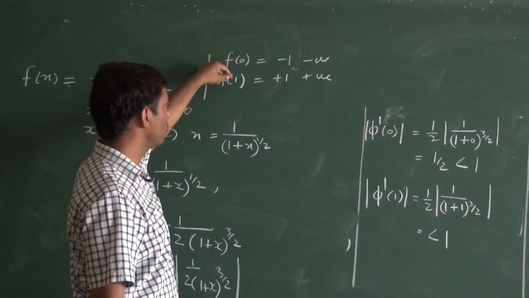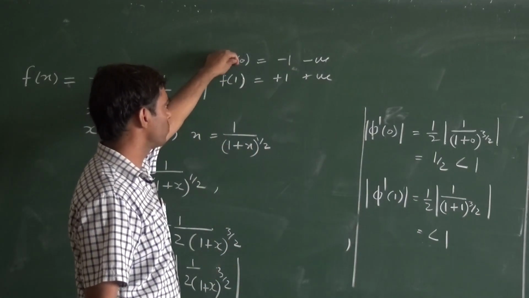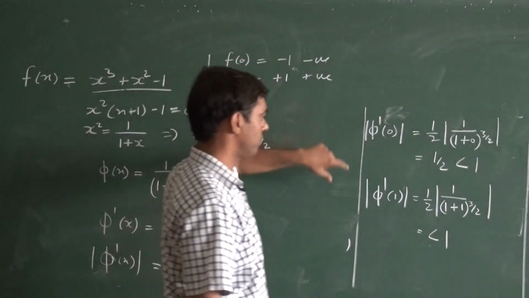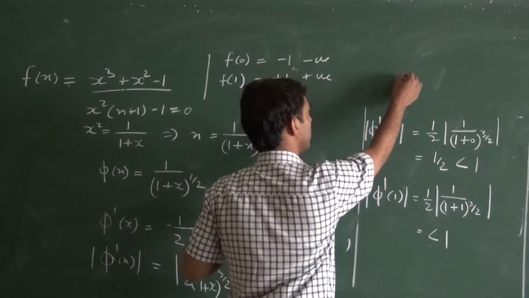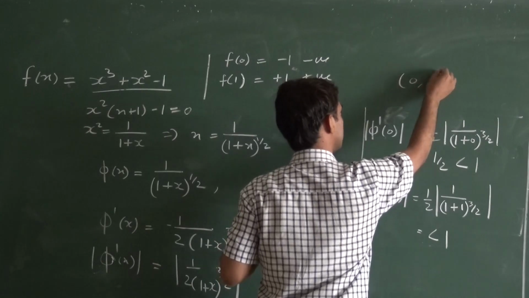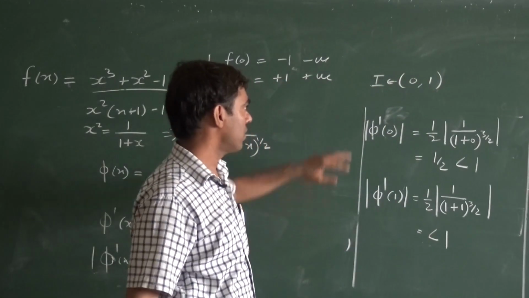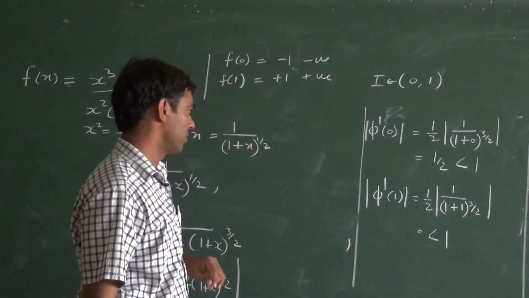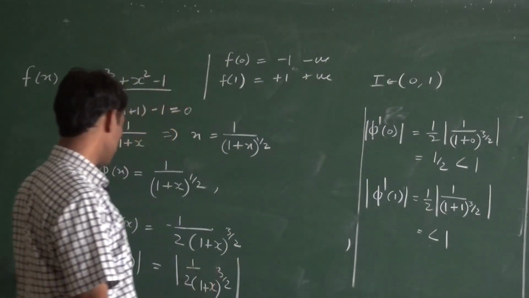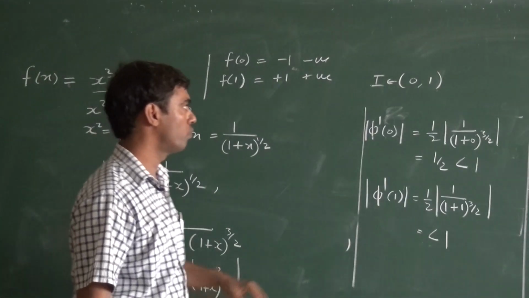So between 0 and 1 there is a positive value. For all values in this class interval between 0 and 1, mod of phi dash x is less than 1.